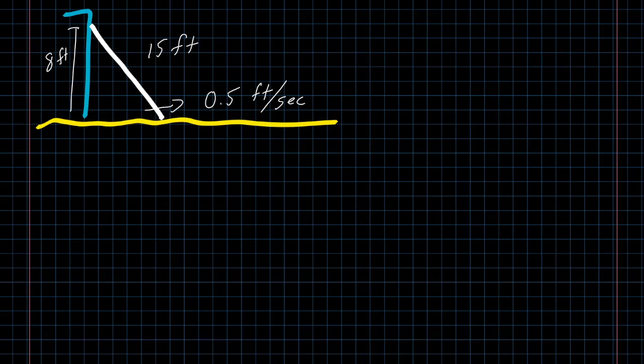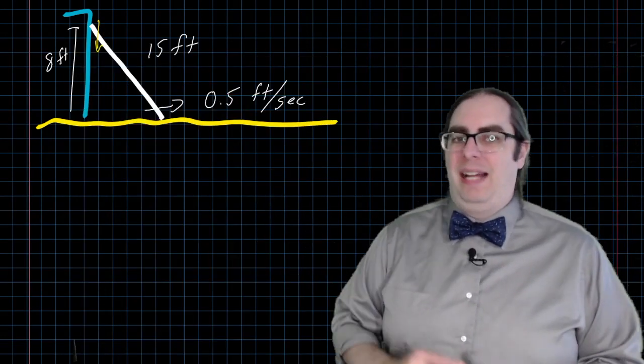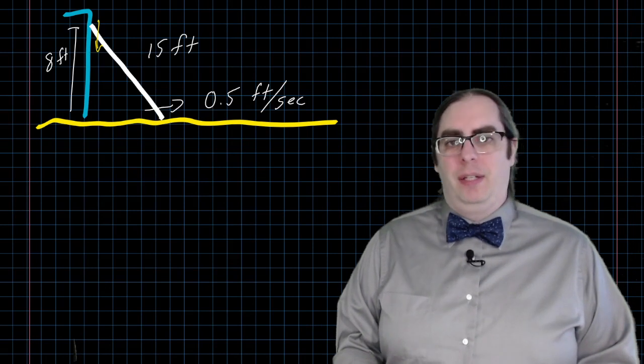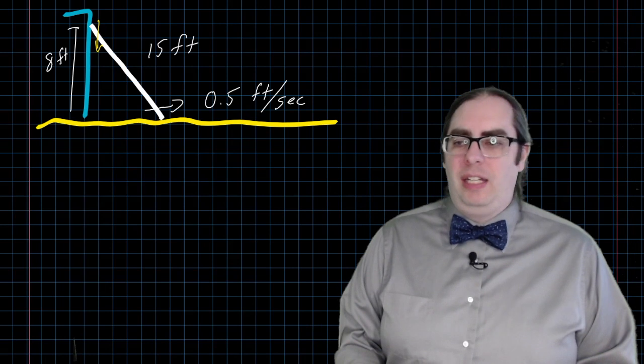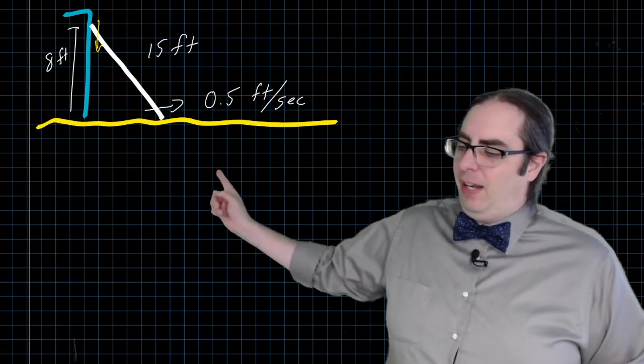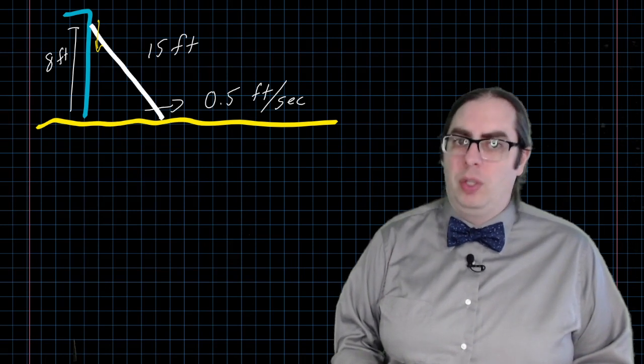Oops. I wanted to do that in the other color. So, from basics of physics, we know that this ladder is going to be sliding down the side of the building. It's also going to be the case that it's not sliding down at the same rate it's sliding away. That's just not how things work.